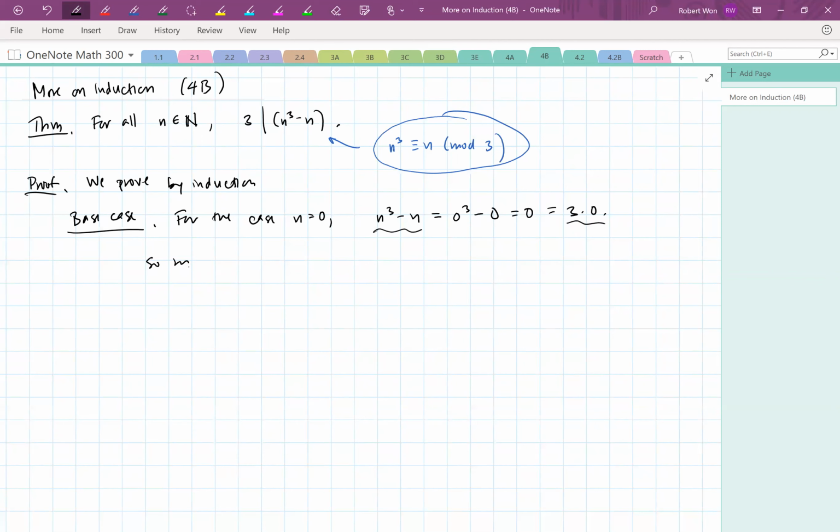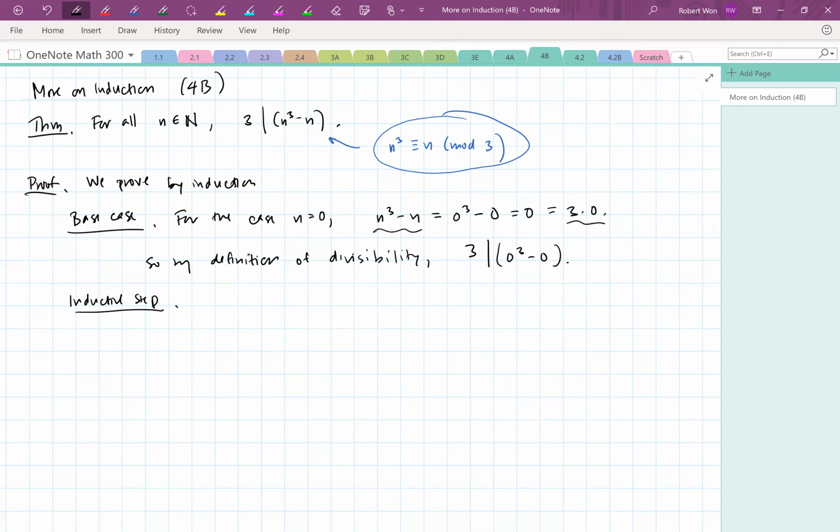So by definition of divisibility, 3 divides 0 cubed minus 0. It holds for this particular n. So that's good. We always do the base case first.